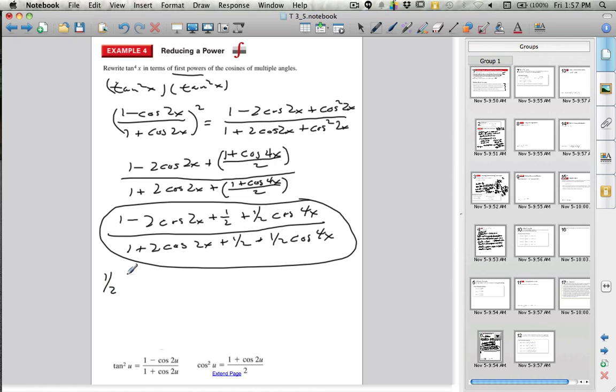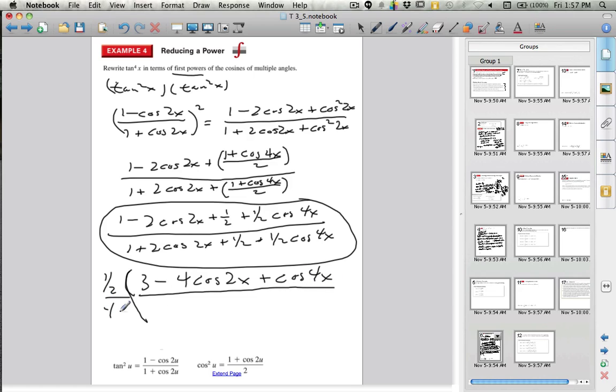So if I factor a 1/2 out of this, remember I had 1 and 1/2, that would be 3/2, so that would become 3 minus 4 cosine 2x, we already took care of that, plus cosine 4x.